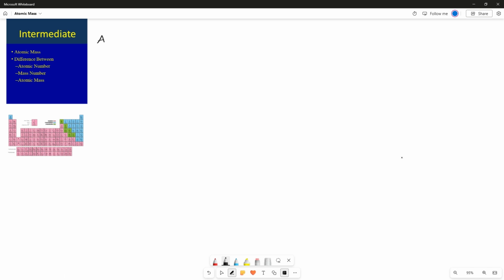So atomic mass is the weighted average mass of all isotopes for an element. And the atomic mass is shown on the periodic table.